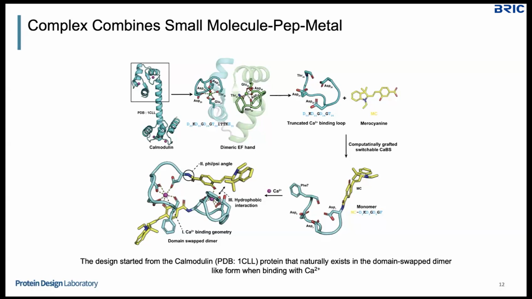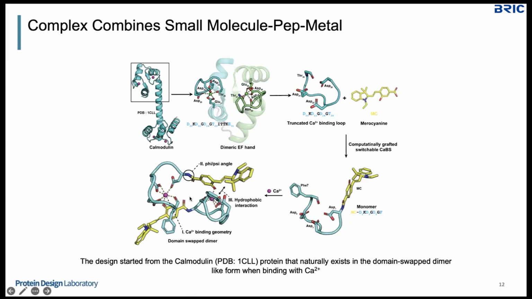Yet when we introduce the calcium, it can change its structure into a swapped dimeric structure. The swapped dimeric structure means that one monomer sits on the opposite side of the other monomer. Again, it's a C2 symmetry, mimicking a similar function to the GCaMP calcium binding motifs.